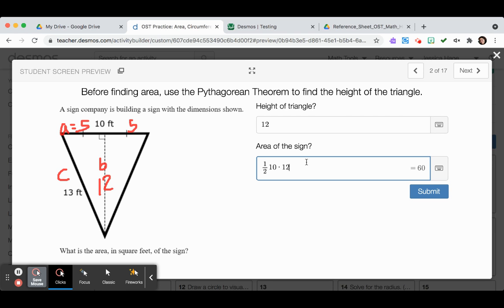And so the area of the sign is going to give you 60 square feet. So our answer to the first slide is 60 square feet. Again, that was 1/2. The base of the sign is 10. You could have also used 5. 5 times 12, and taking half of that is 30, and then you'd have to double it. So the area of the sign is 60 feet squared.